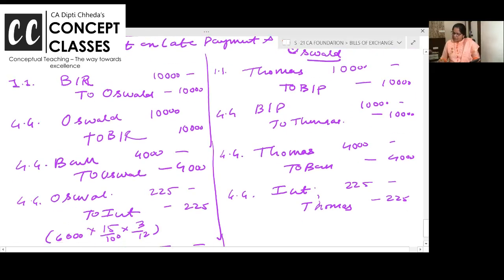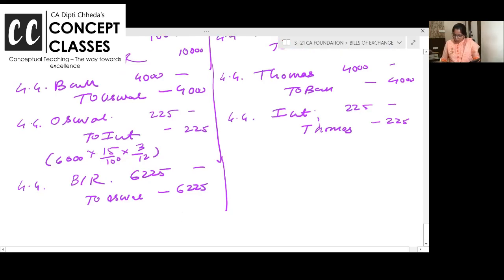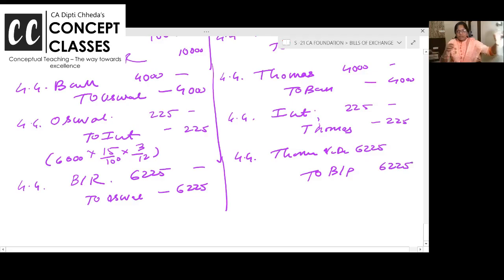Thomas, you had to receive 10,000. Out of that, 4,000 he has paid. Now you also have to receive interest. So draw another bill on the same day. Thomas account debit 6,225, to bills payable 6,225.